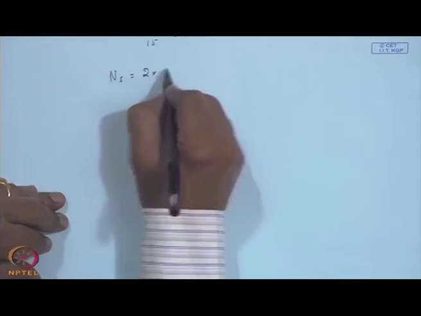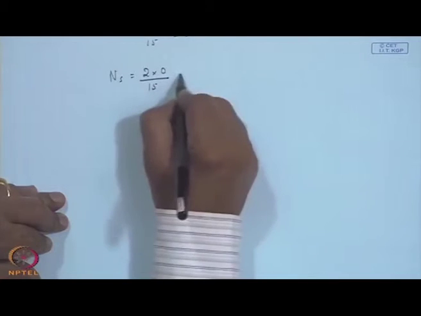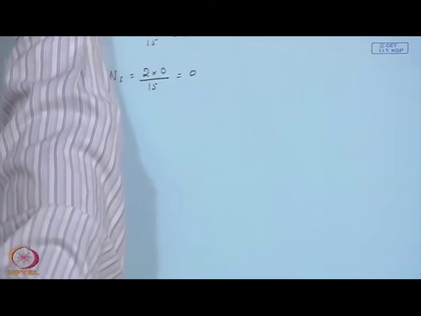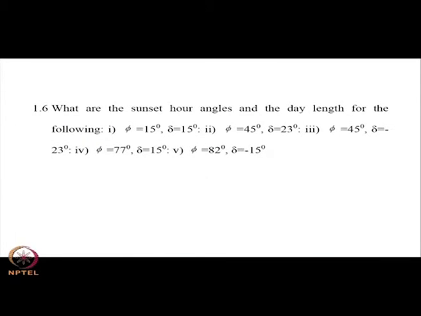Let me rewrite N s. So, what we found is as the latitude increases, in the positive declination you have higher sunshine hours and low when the declination is negative, and the difference between the negative and positive declinations will decrease if the latitude is lower.